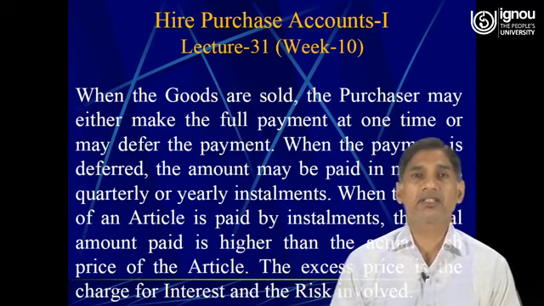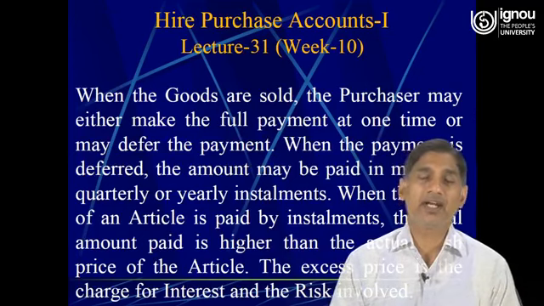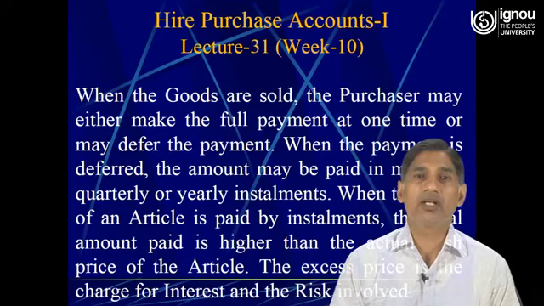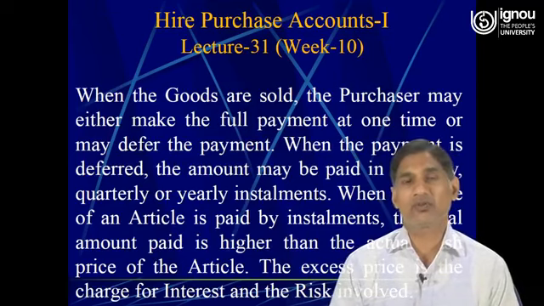When the payment is deferred, the amount may be paid in installment, and the installments may be monthly installment, quarterly installment, half yearly installment or annual installment. The total amount paid is higher than the actual cash price of the article. The excess price is the charge for interest and the risk involved.